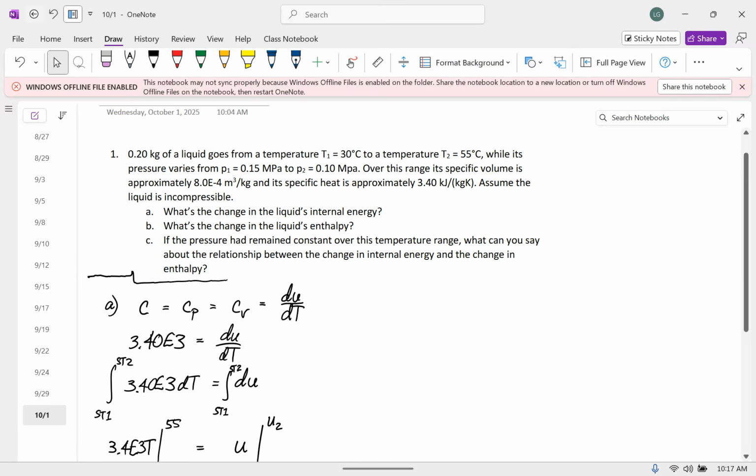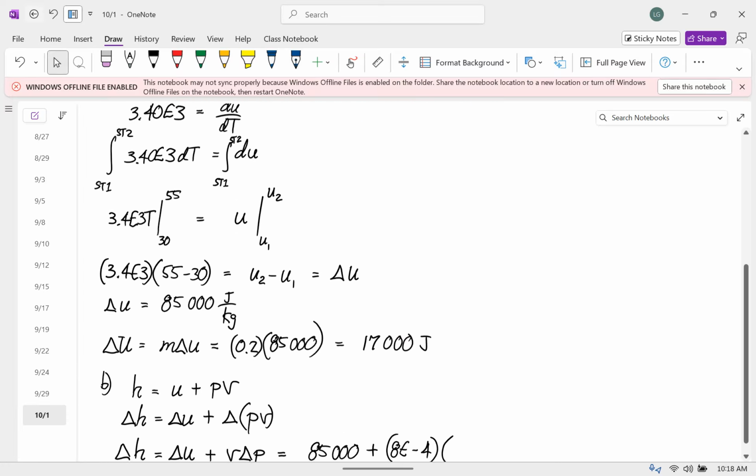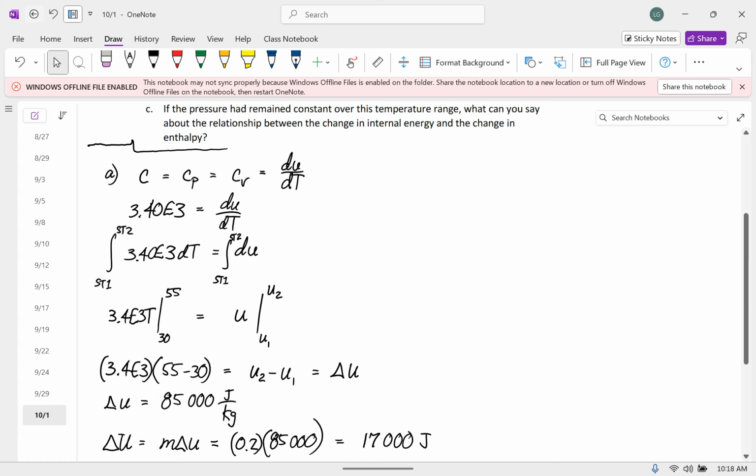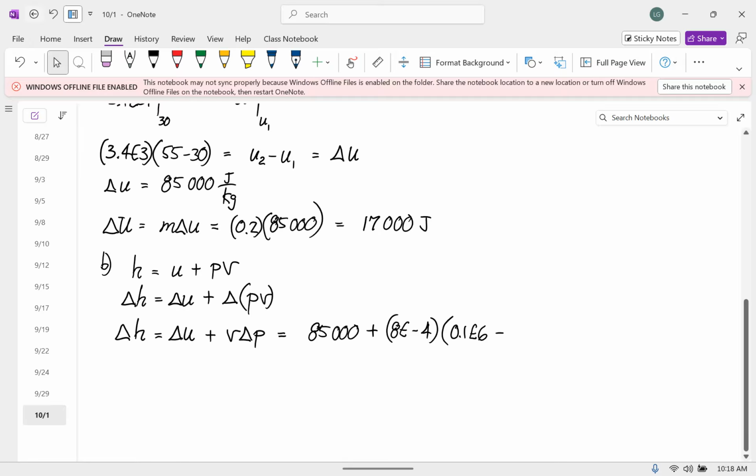So it goes from 0.15 megapascals to 0.1. Megapascals means times 10 to the 6th. So this is the later pressure, 0.1 times 10 to the 6 minus 0.15 times 10 to the 6.